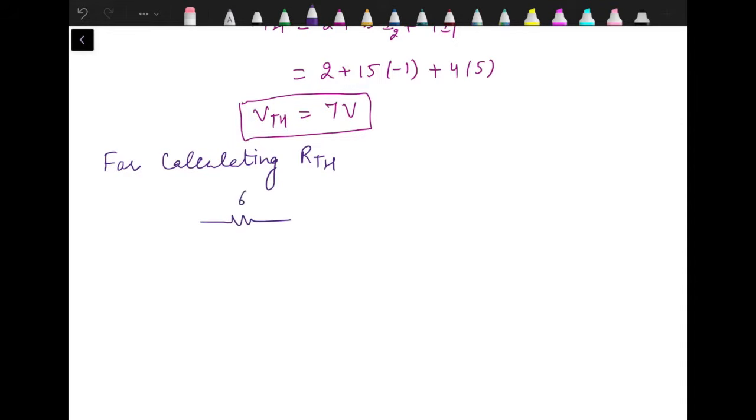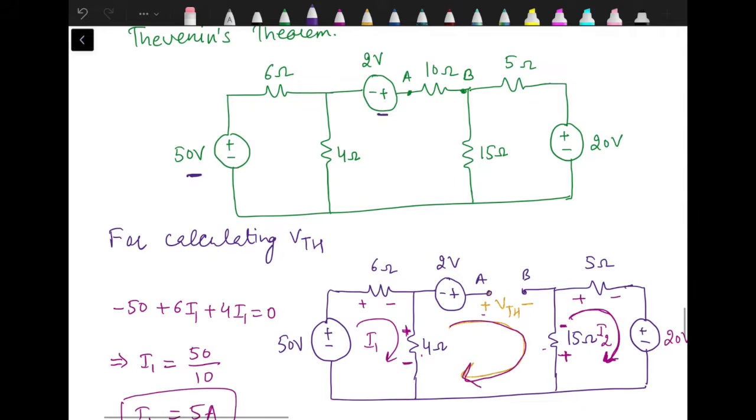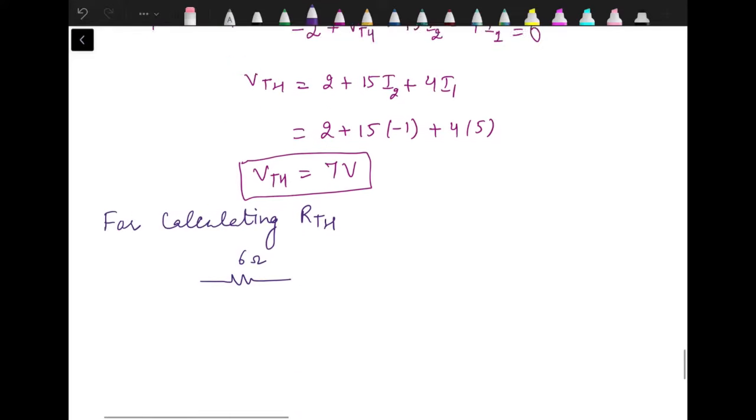So we have first the 6 ohm resistance, then this 50 volt, 2 volt, 20 volt, all these sources have to be replaced by short circuit. This 10 ohm resistance has to be removed from the circuit.